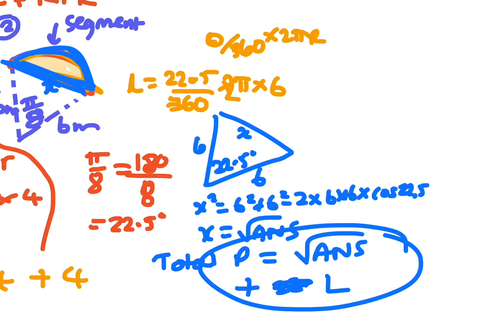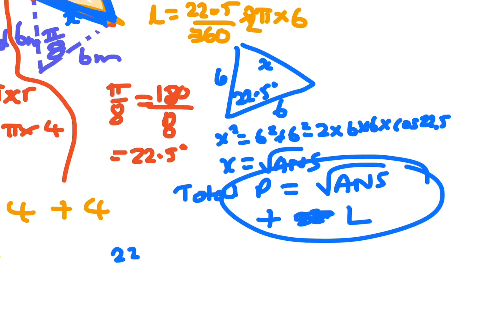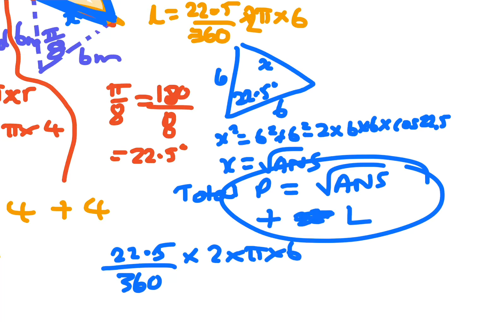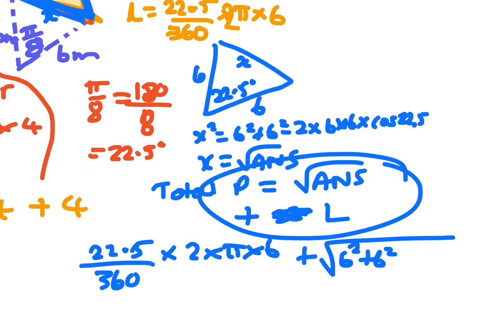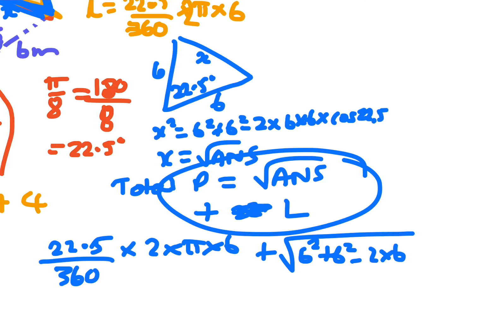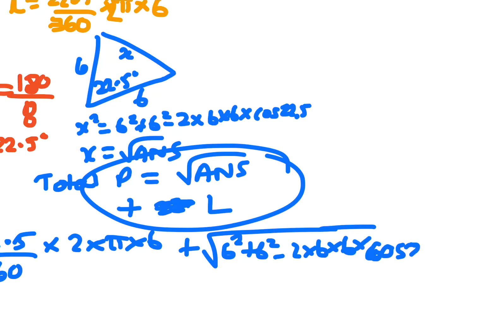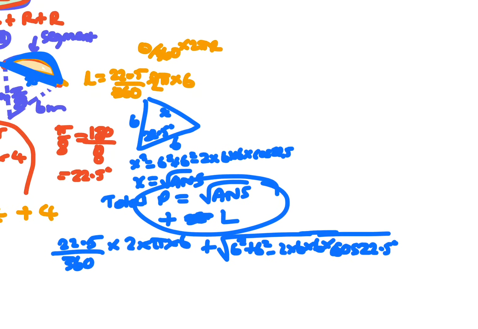So I'll just put it all in one thing: 22.5 on 360 times 2 times pi times 6, plus the square root of 6 squared plus 6 squared minus 2 times 6 times 6 times cos 22.5 degrees. That's what the perimeter would equal.